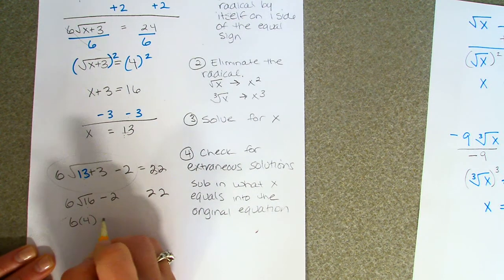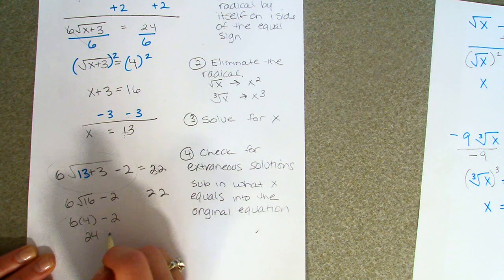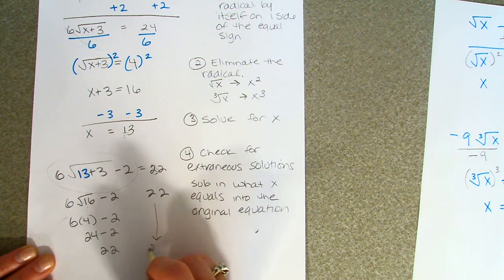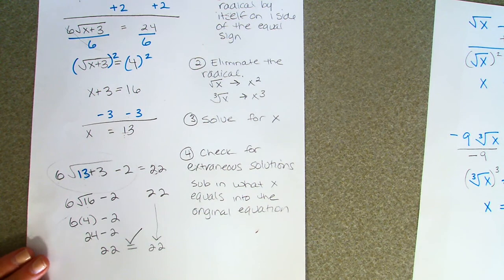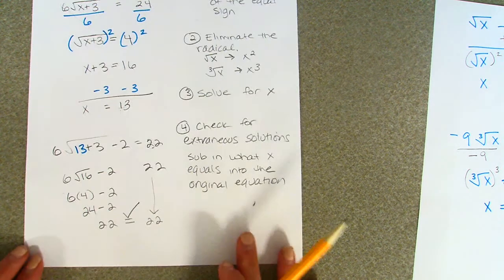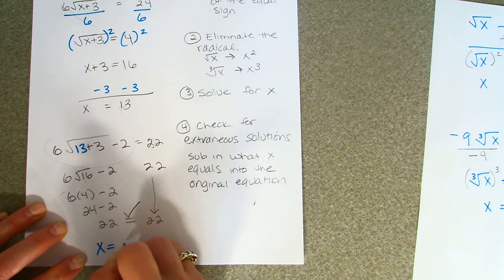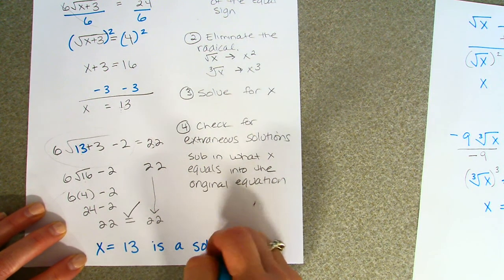So 6 times 4 minus 2. 6 times 4 is 24 minus 2. That's 22. And I had 22 here. Yay, it's a match. Because the left side equals the right side, it means that x equals 13 is a solution.